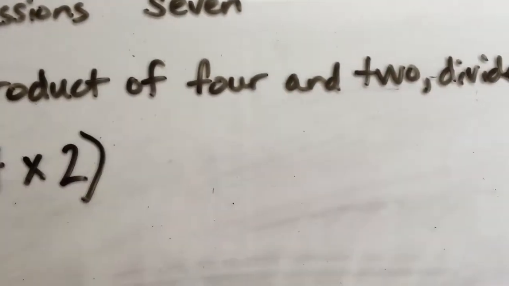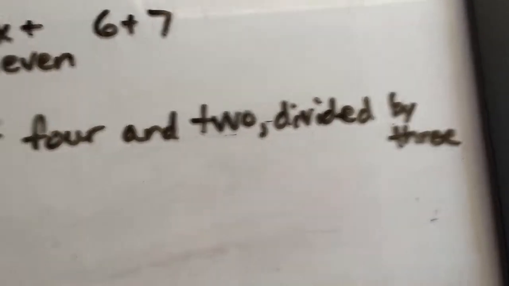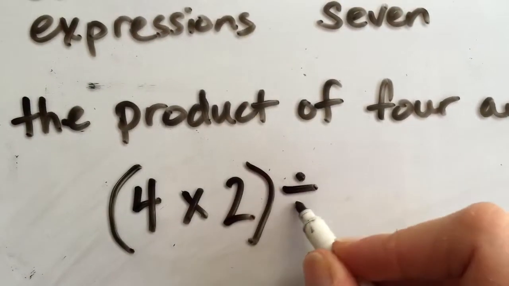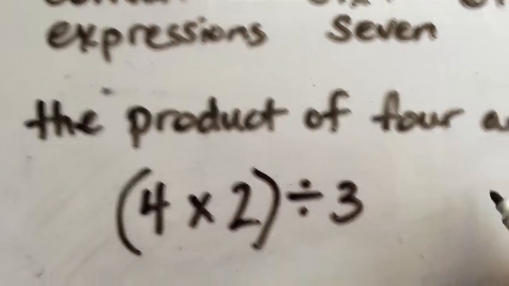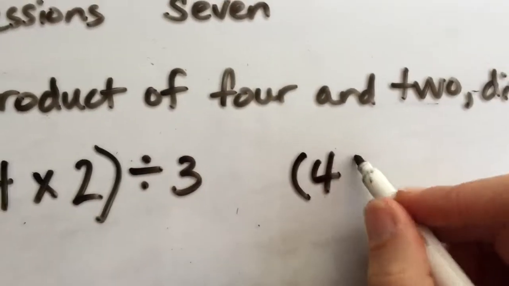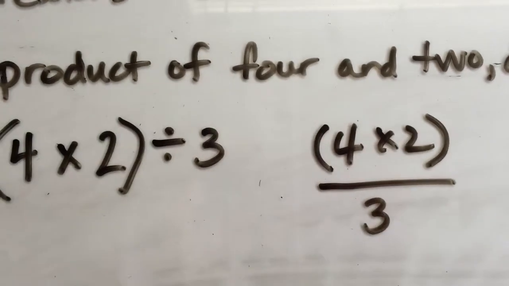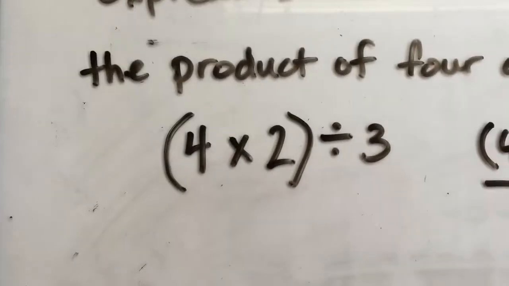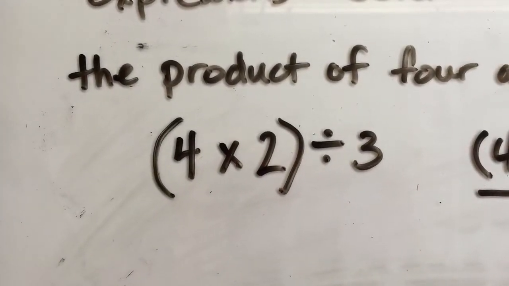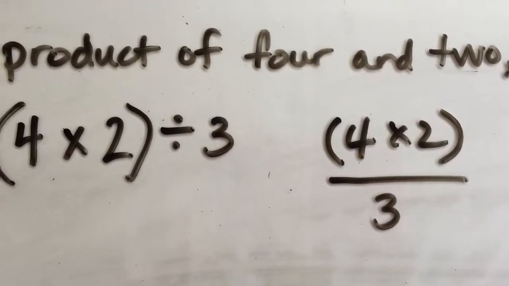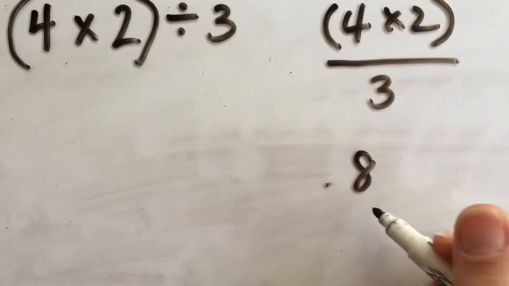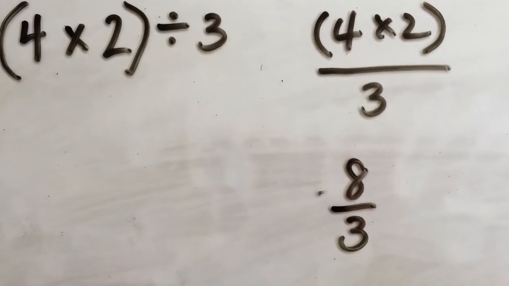The product of 4 and 2 divided by 3. Okay, so I could write it divided by 3, or 4 times 2 divided by 3. Same thing. Shall we go ahead and evaluate this? Sure. What's 4 times 2? 8. And it's divided by 3.